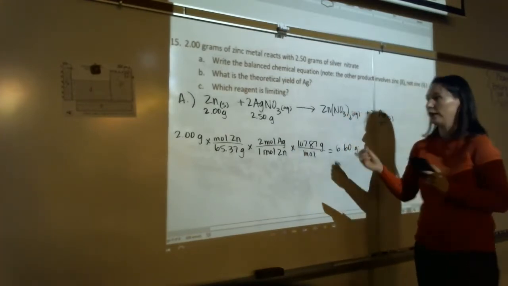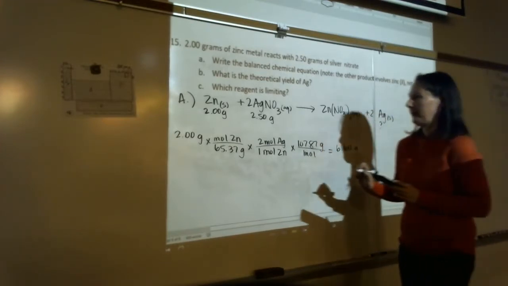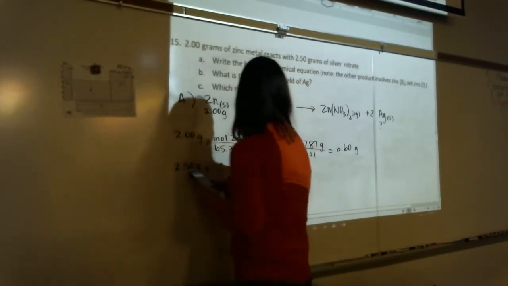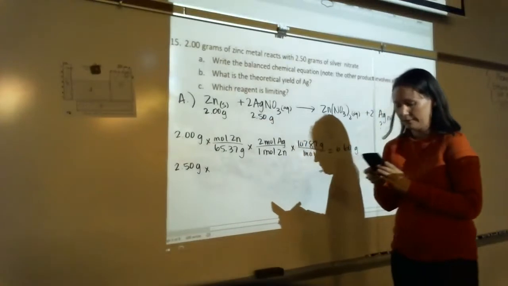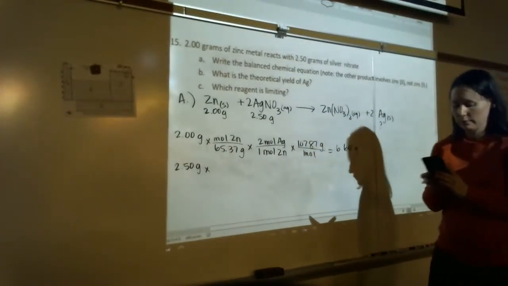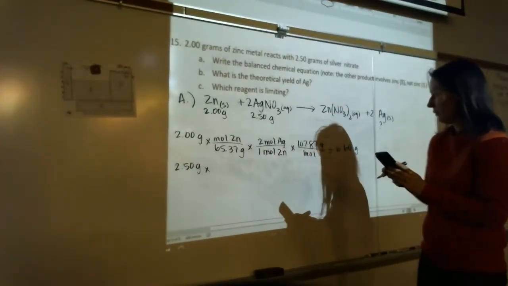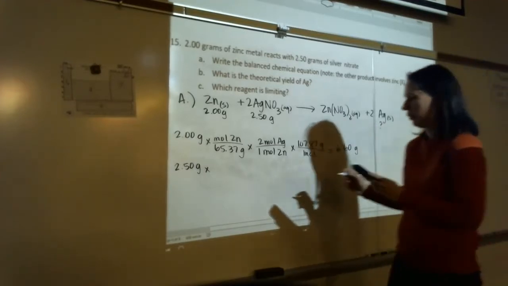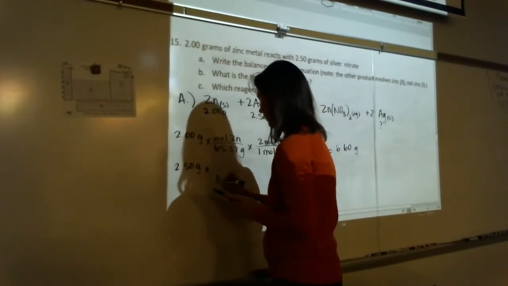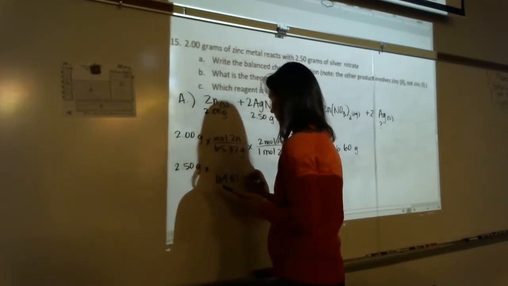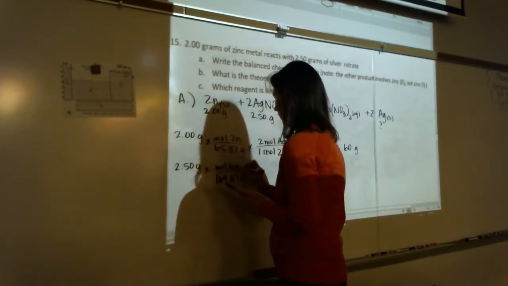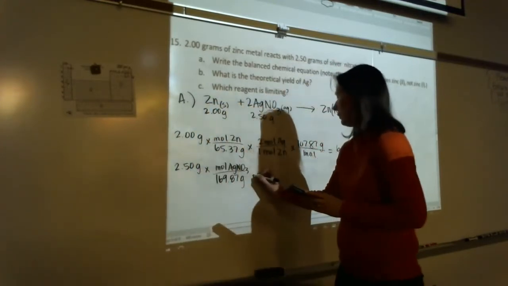But I'm not finished, right, because I have to do the calculations again. So 2.50 grams. Let's calculate the molar mass of silver 1 nitrate quickly. I got 169.87. All right.